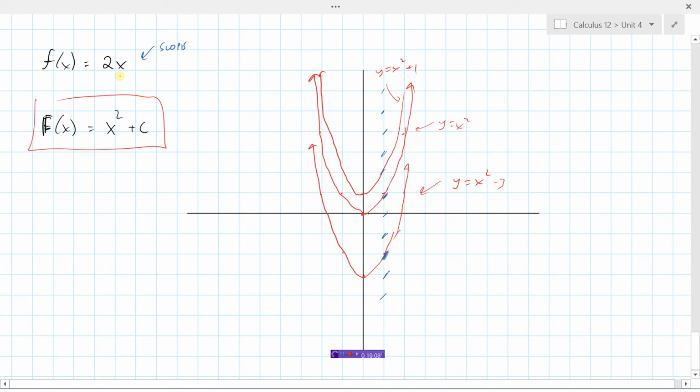And here's the slope. So when x is 1, we know that the slope is going to be 2 times 1, which is 2. So the slopes of all these lines here would be 2, regardless of what these functions look like, whatever the constant term was. And at 0, obviously the slopes for all of these, when x is 0, is going to be 0.